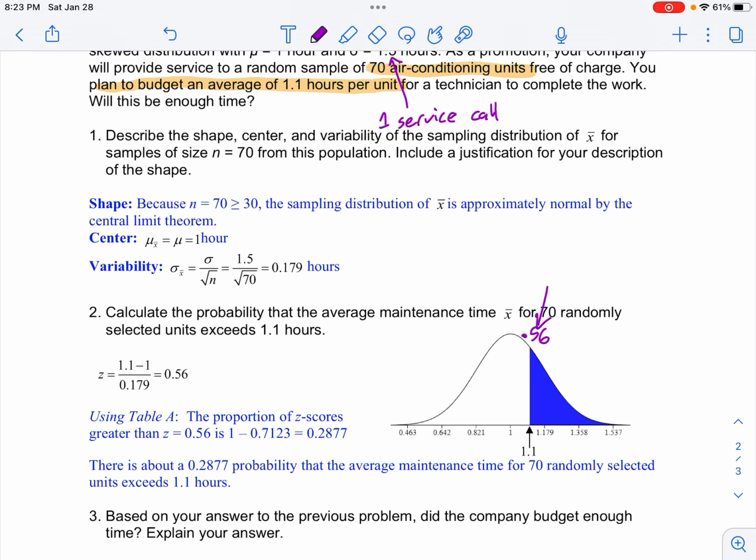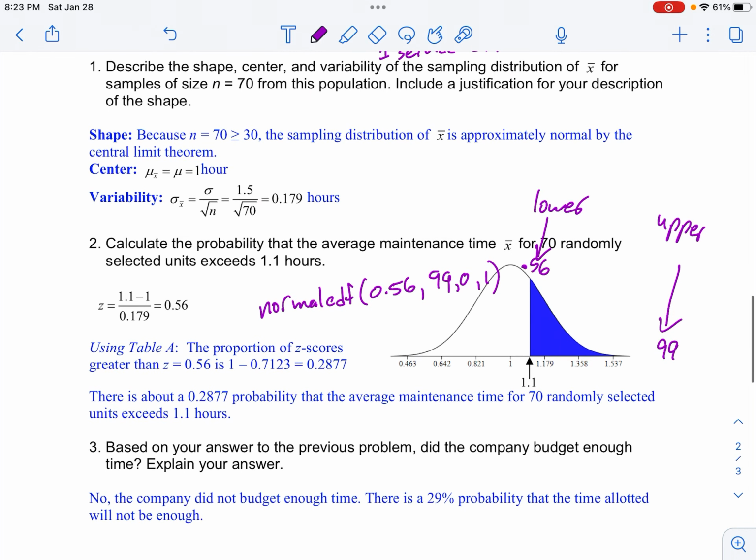That is going to be my lower bound if I'm going to do normal CDF. So my lower is 0.56, and then my upper is just way off the end. It's going to be 99. And then 0 and 1 if your calculator asks you for those two data points. And you will get that, or you'll get something quite close to it.